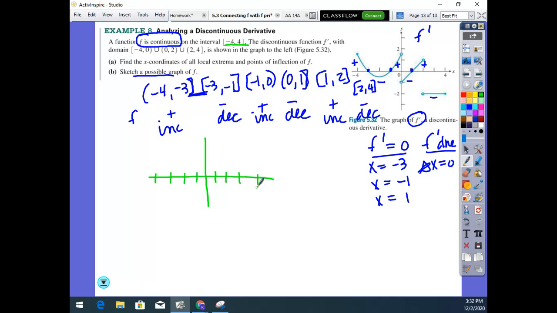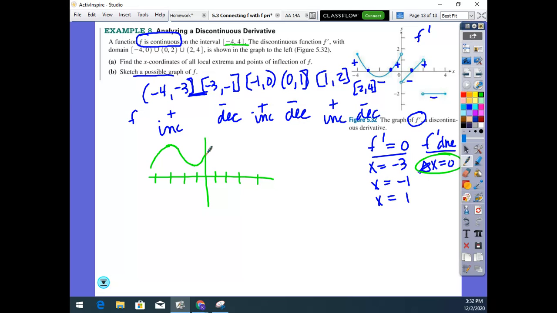So we're going to increase to -3, 0 slope. Then decrease to -1, 0 slope. Then increase. At 0, there's a cusp or a corner, something.